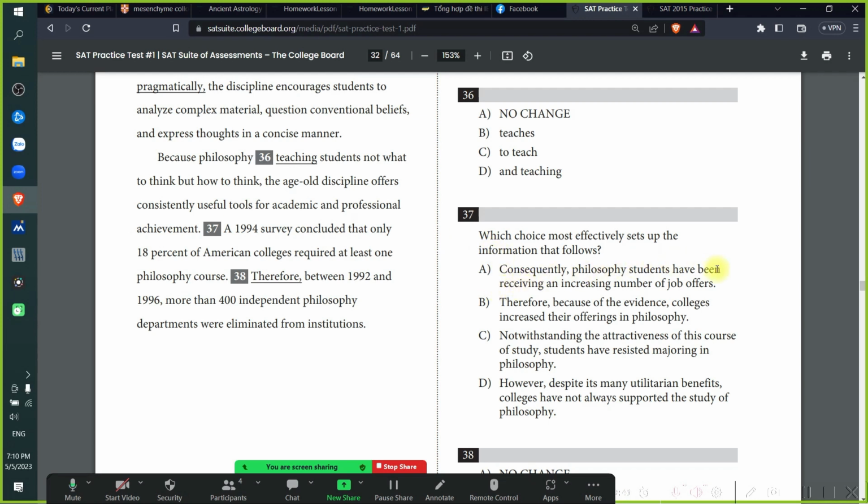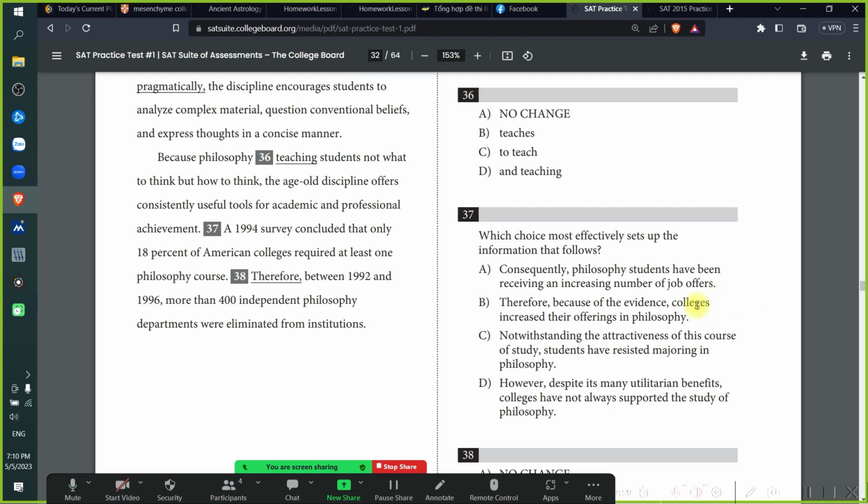Consequently, philosophy students have been receiving an increasing number of job offers. Hệ quả là những sinh viên học cái ngành triết học đã và đang nhận được một cái số lượng công việc càng ngày càng nhiều. Người ta offer công việc ngày càng nhiều.